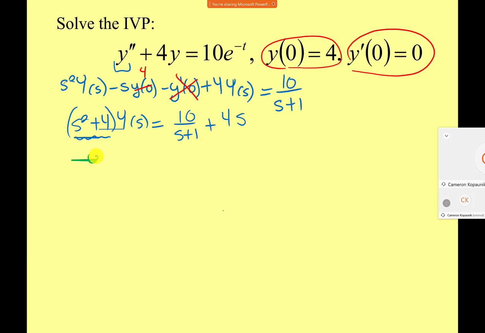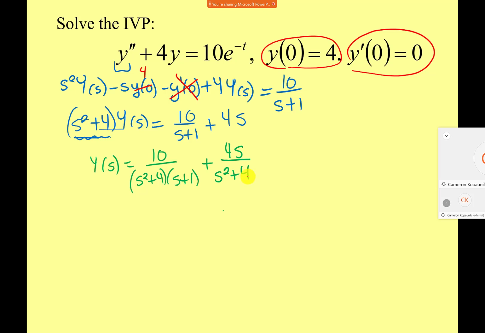Okay, so let's write down what we've got. We have Y of s equals 10 over s squared plus 4 times s plus 1. Sorry. Okay. And then I have plus 4s, and that's going to be over the s squared plus 4.